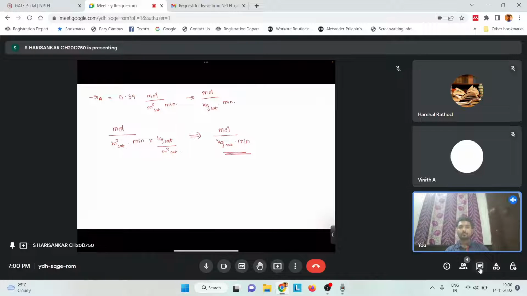So basically we need to divide the reaction rate that we have been given by a term which has a unit kilogram of catalyst per meter square of catalyst. Or in other terms, we need to divide our reaction rate by the weight per surface area of our catalyst.